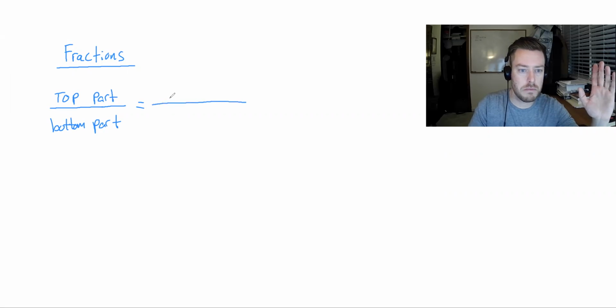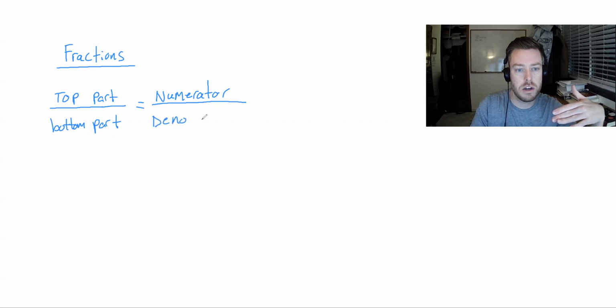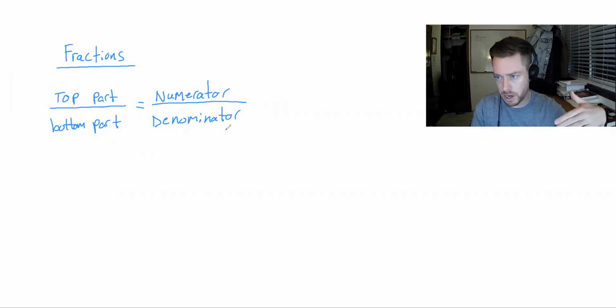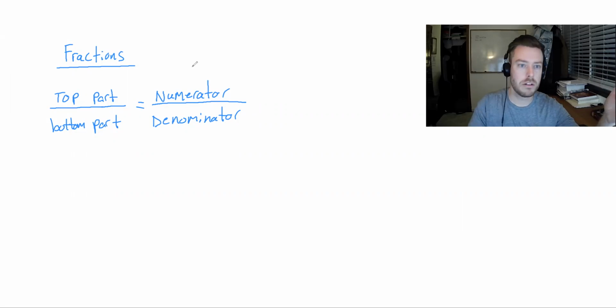Their specific names are the numerator, and the bottom part is the denominator. I messed that one up. Denominator. I'm not even sure if my English is correct. It's late. So if you hear me referring to the numerator, denominator, that's what that means.